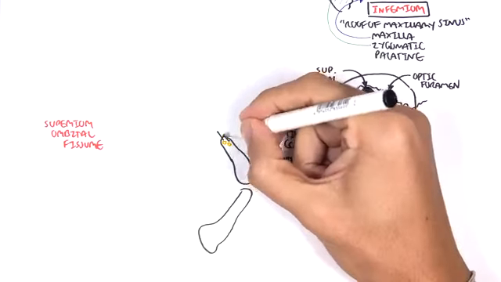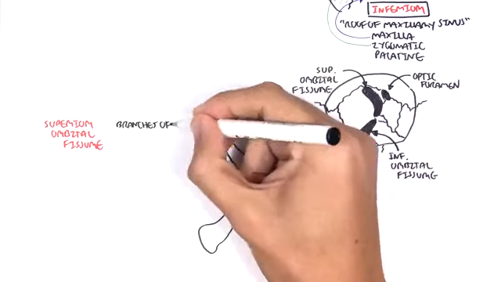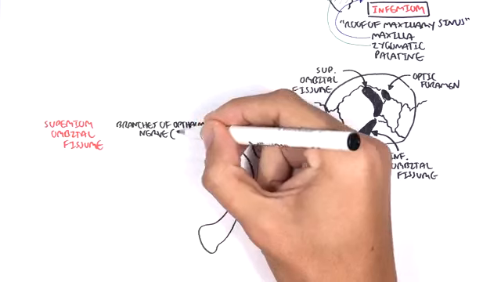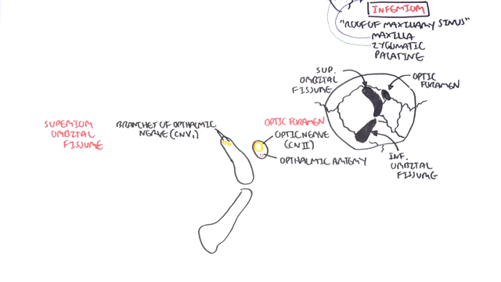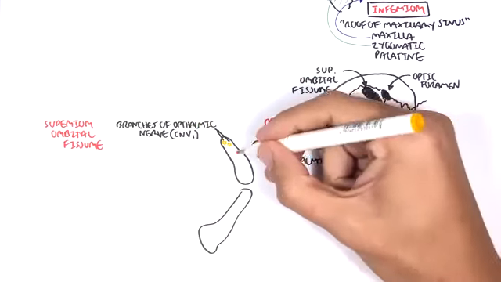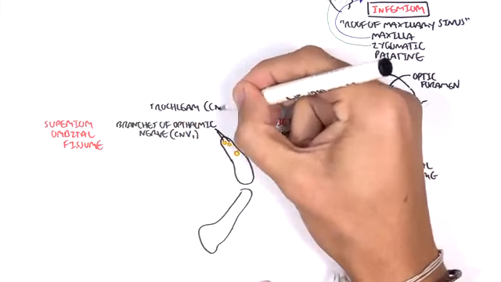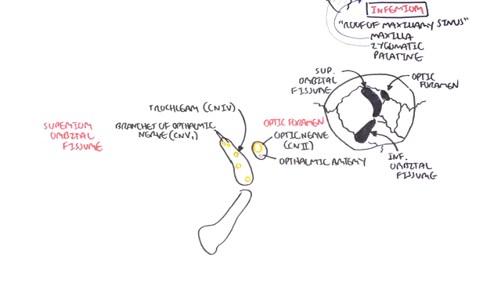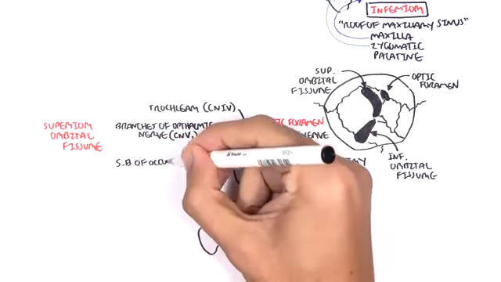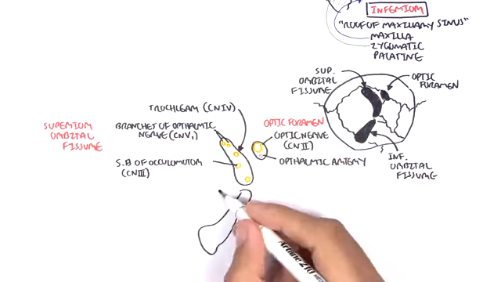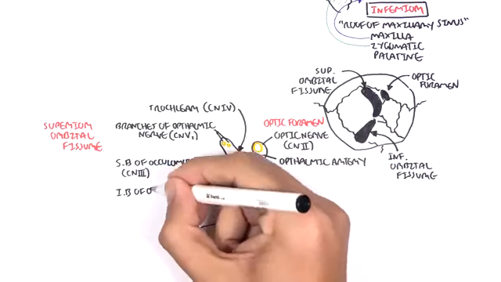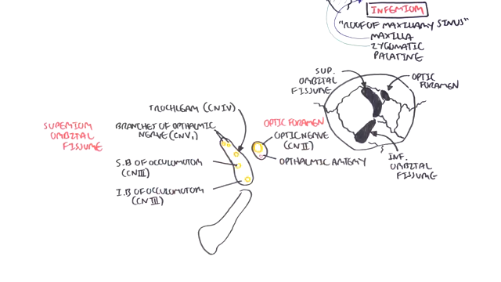There are branches of the ophthalmic nerve, which is a branch of cranial nerve 5, the V1 branch. You also have the trochlear nerve, which is cranial nerve number 4. There is also the superior branch of the oculomotor nerve, cranial nerve 3. There is also the inferior branch of the oculomotor nerve, cranial nerve number 3.